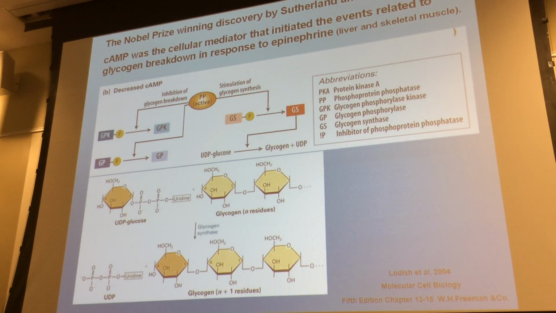A phosphatase is an enzyme that takes the phosphate groups off. So this is the reverse reaction. So now on this side, we take these groups off, these phosphate groups on the glycogen phosphorylase kinase, and that takes off the phosphate on the glycogen phosphorylase. Now these are inactive.